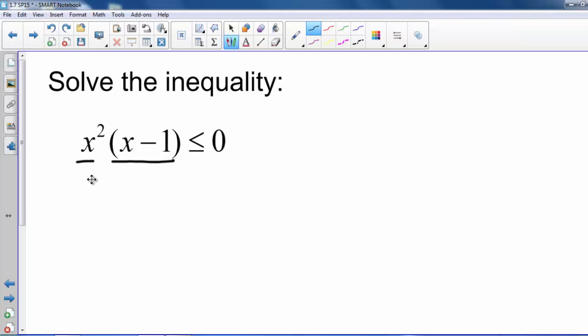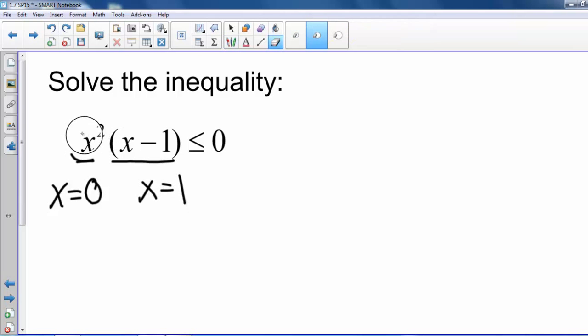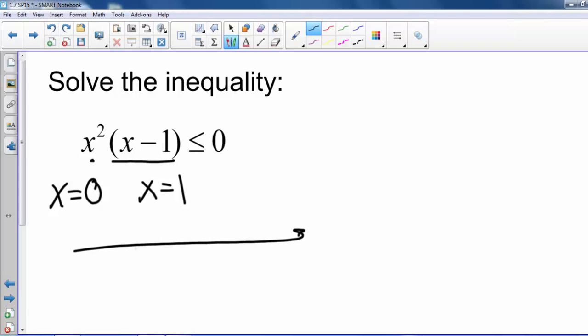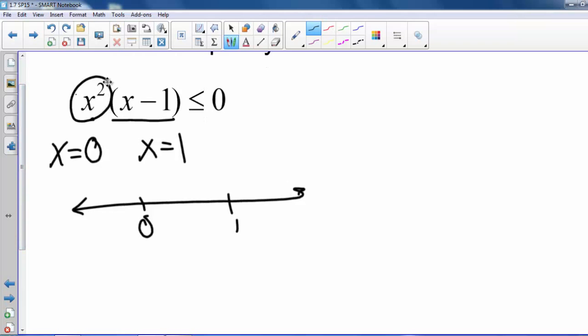So x squared equals 0 at x equals 0, and x minus 1 equals 0 at x equals 1. So now let's draw our number line. So we have 0 and 1, and notice that this is x squared and not just x. But that's okay, we can leave it as a squared term, as a repeated factor in our sign chart.